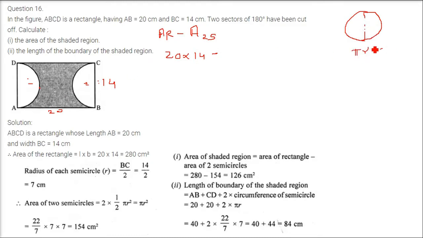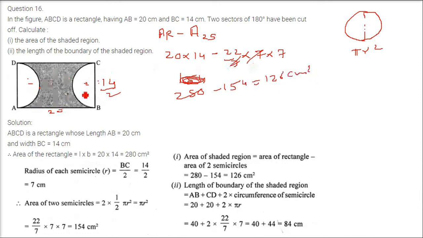So this area will be pi r square, that is 22 by 7 into 7 into 7, since the diameter is 14 and the radius is 7. This is 154, and 280 minus 154 is 126 centimeter square. So this is the shaded region.